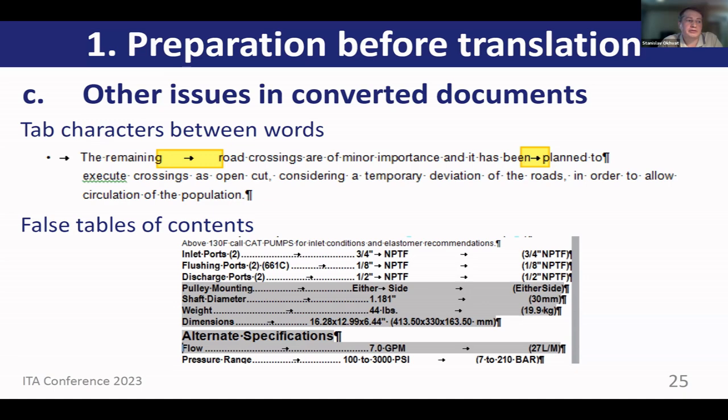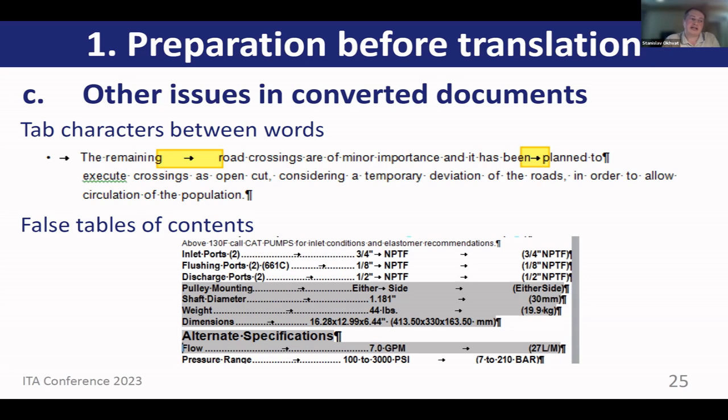For instance, you will find excessive tab characters between words, usually in documents where PDF text was justified on both sides. Tab characters create additional tags or cause incorrect segmentation depending on your CAT tool and your CAT tool's settings.